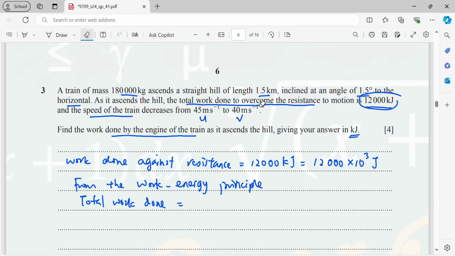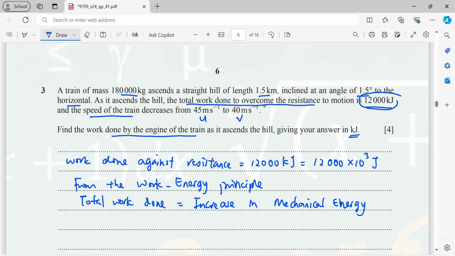That is defined as increase in mechanical energy.